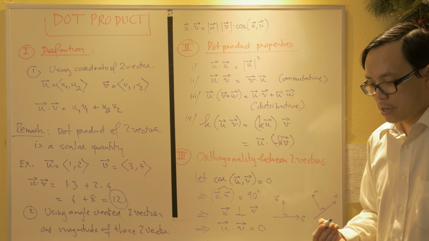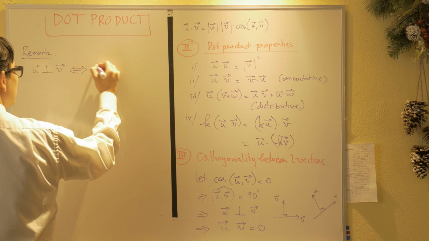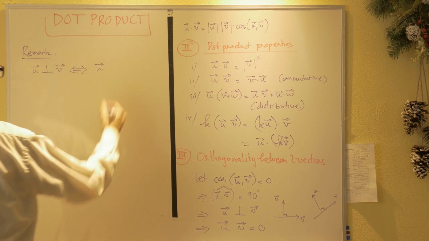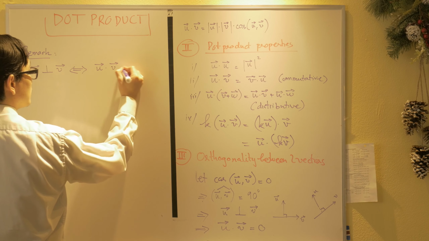Remark: u perpendicular to v is equivalent to the dot product of u and v equals 0.